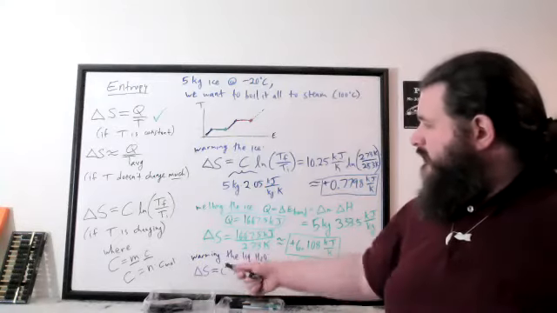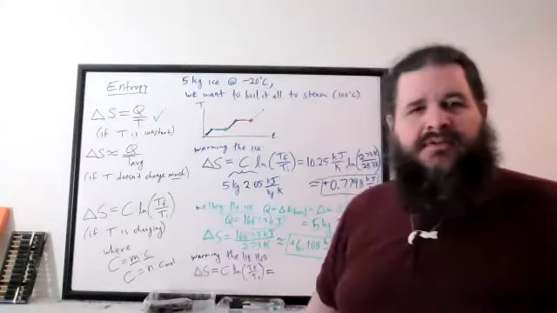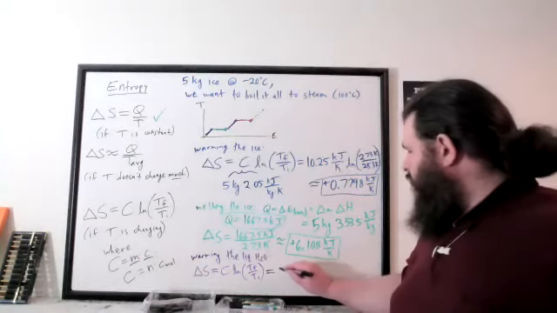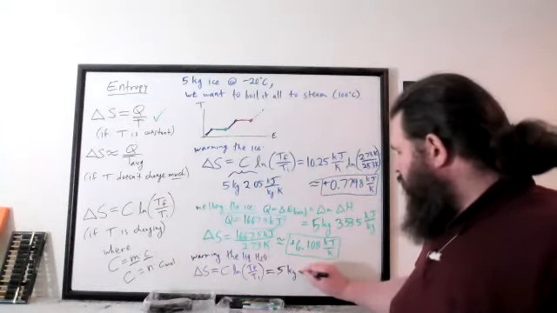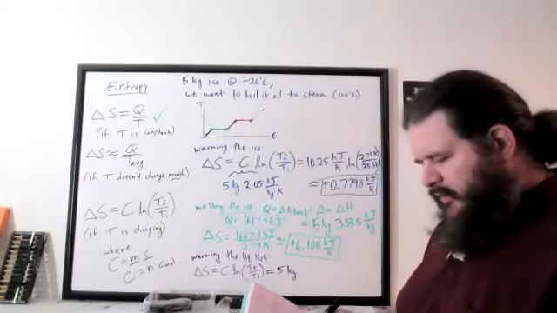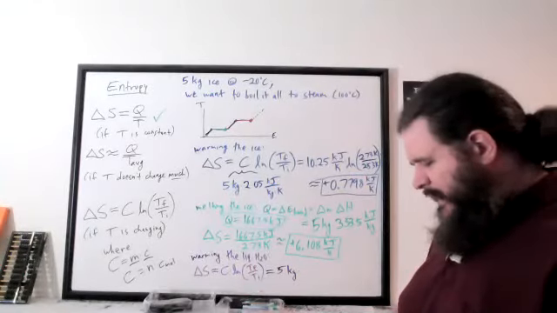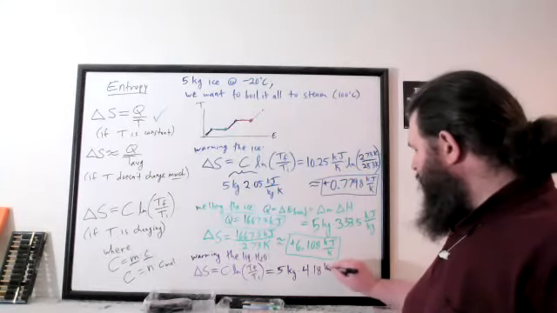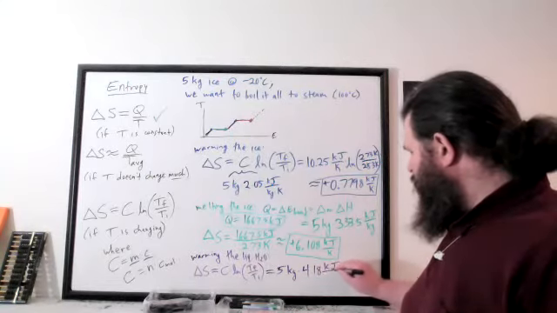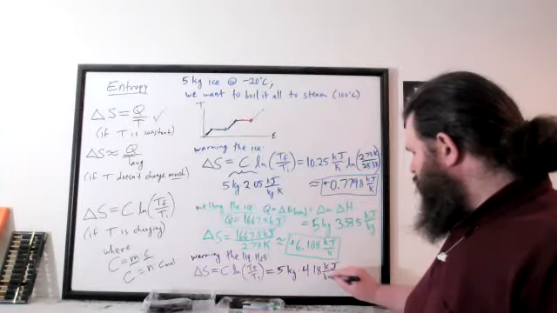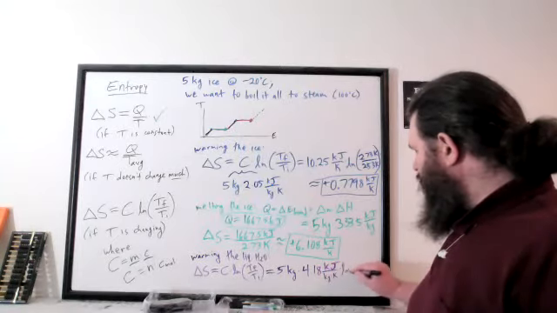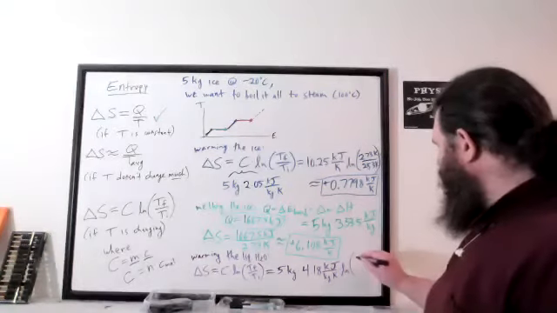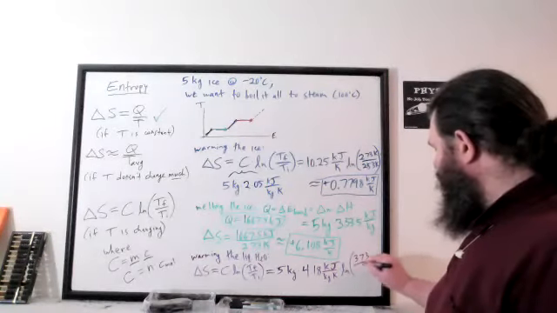Heat capacity, we can still use mass times specific heat. We're just using specific heat of liquid water. So that's 5 kilograms times liquid water, 4.18 kilojoules per kilogram Kelvin, times logarithm of, and again, we want to have these temperatures in Kelvin. So final 373 divided by initial 273.